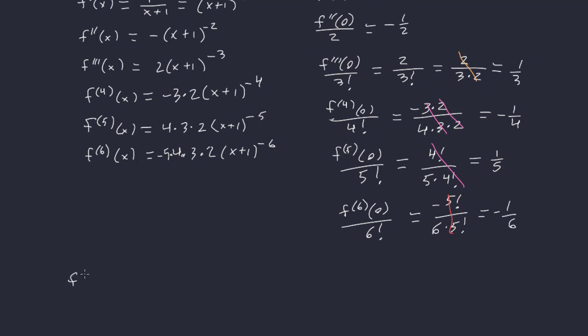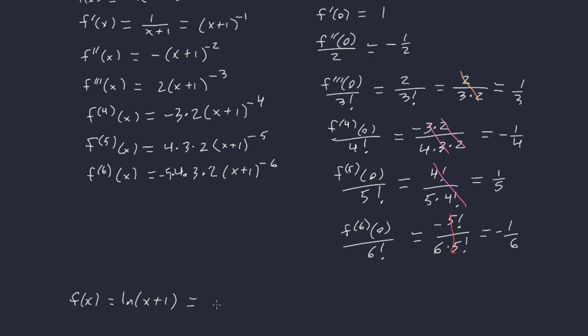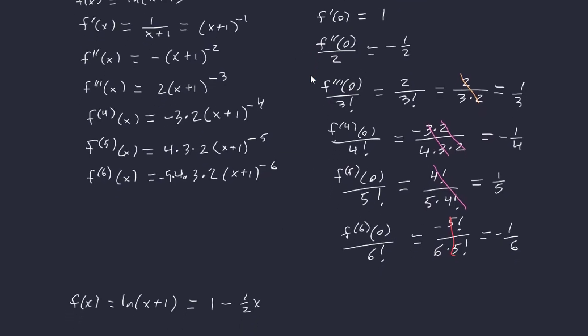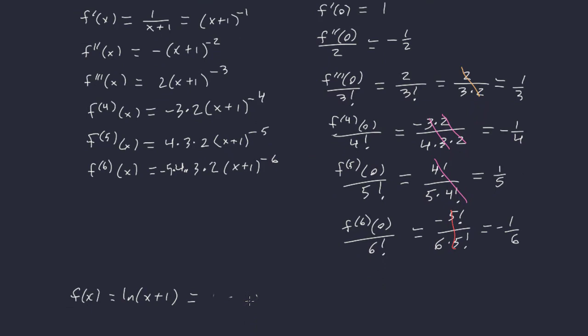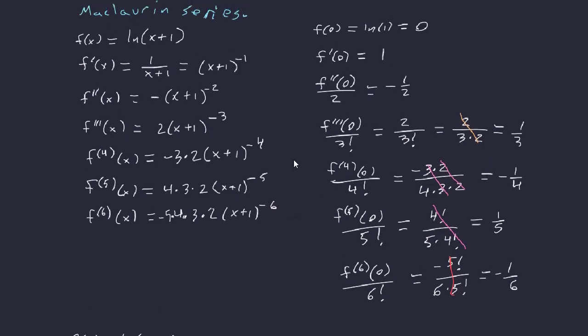So the Taylor series for this function, f of x, which is the natural log of x plus 1, ends up being, so here's what we have to be careful with. Actually, let me write this. The first term was 0.